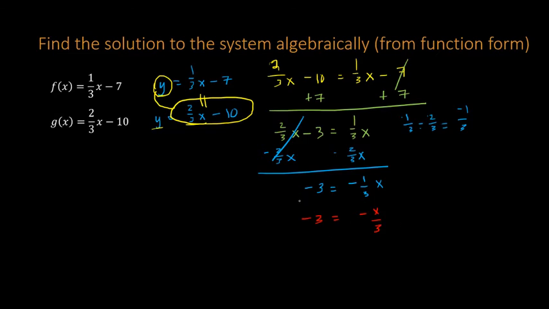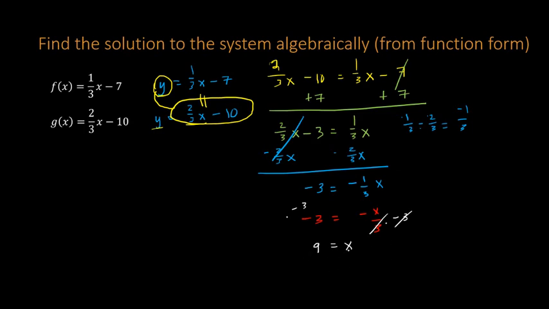So take a moment and double check that it makes sense to you that negative 1/3 times x is the same thing as negative x over 3. Okay, so two different ways of thinking about that. And so what I'll do is take my denominator and multiply both sides of my equation by that denominator. This cancels out on the right-hand side. Negative 3 times negative 3 is 9. And I get x equals 9.